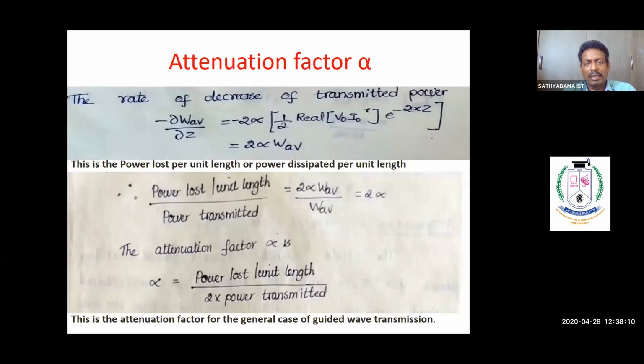And we know this is the sending in voltage, 1 by 2 real value V naught I naught e power. So that's the average power we transmitted. When you differentiate this to get the loss, the attenuation, the rate of decrease is 2 alpha times the average power you are sending in. Okay. So this gives the attenuation factor alpha for your waveguide, and this is for the conducting plates.